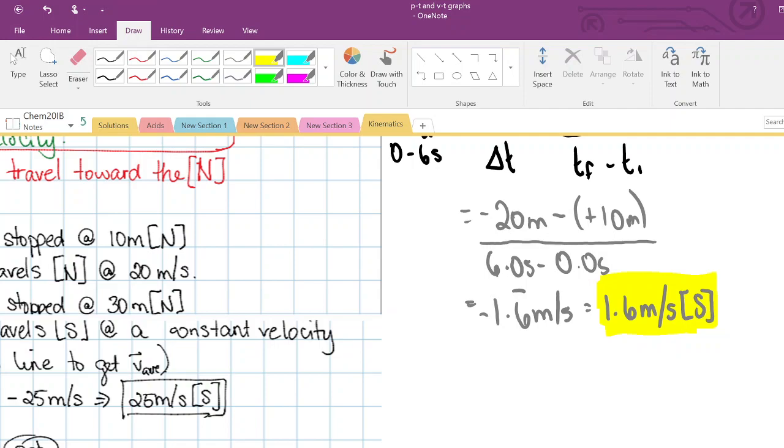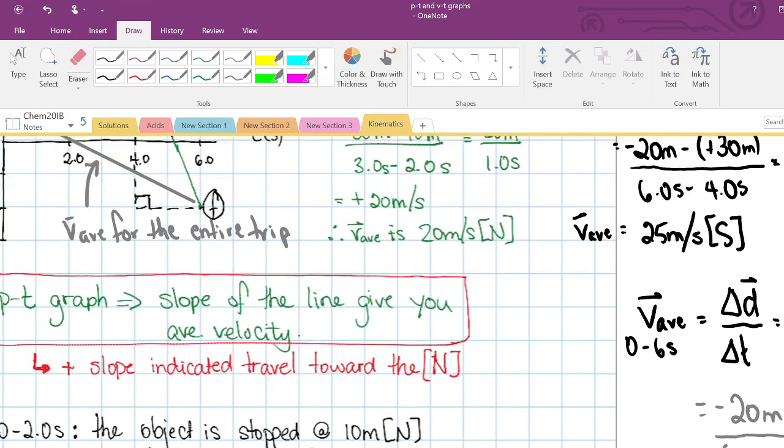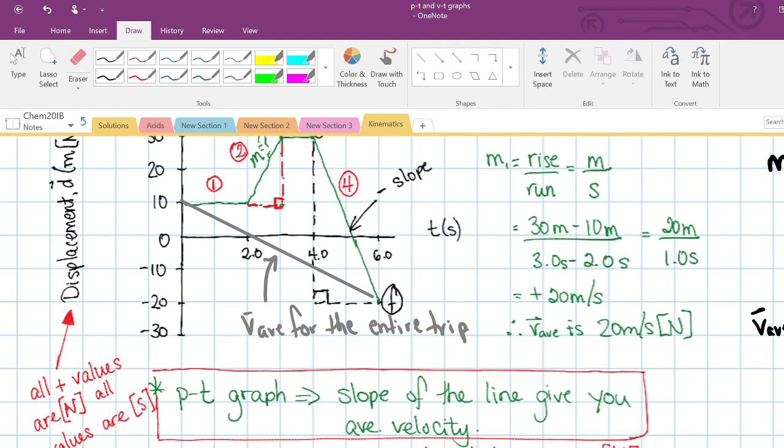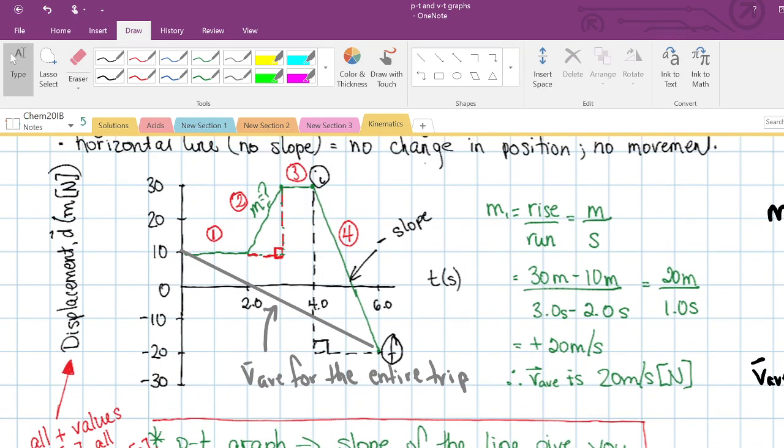Okay, so I'm going to leave that here for today. We're going to do a bunch of practice with this slope and figuring out position and locations and all that kind of stuff, speeds, all of that, when we see each other in class. So if you guys have questions, let me know. And then tomorrow what we're going to do is look at being able to go from this position time graph to a velocity time graph.